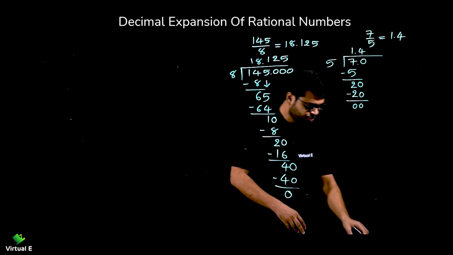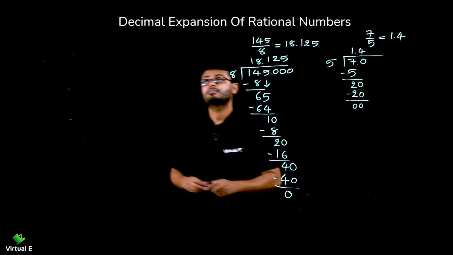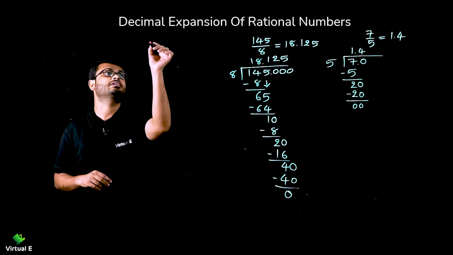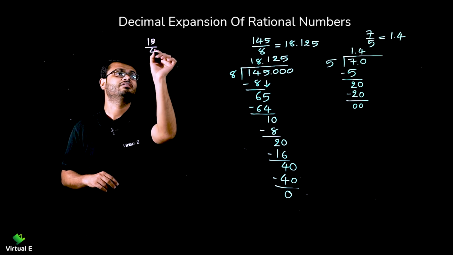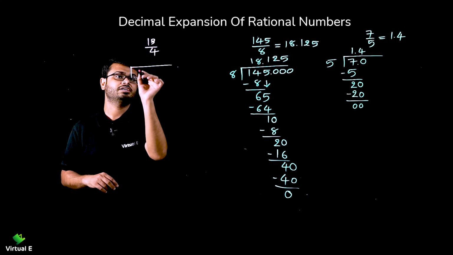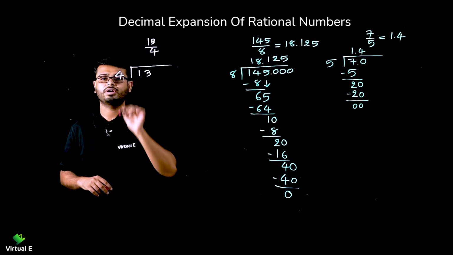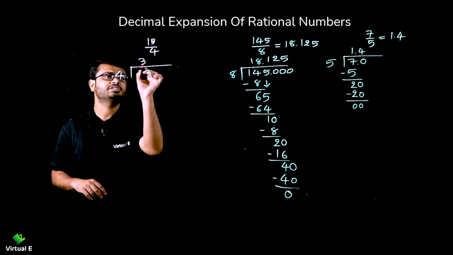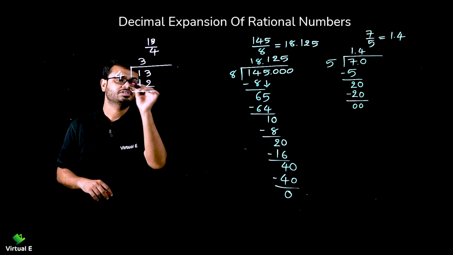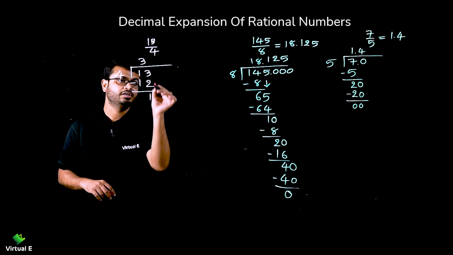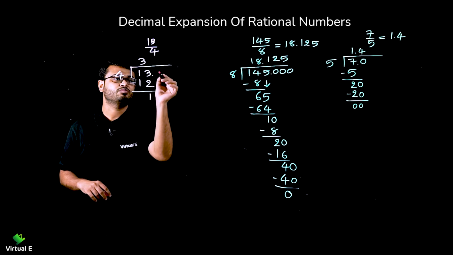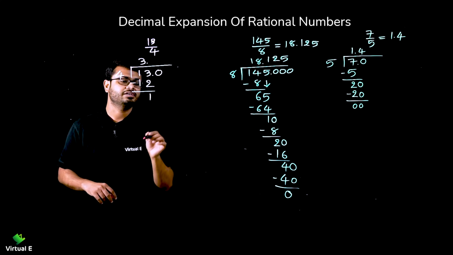Now let's do one more question, that is 13 by 4. Let's take 13 by 4 over here. So let's start. 13 inside and 4 over here. So 4 3s are 12, we know very well. Subtract and here 1. Now remainder 1, let's borrow 0, here decimal and here as well.